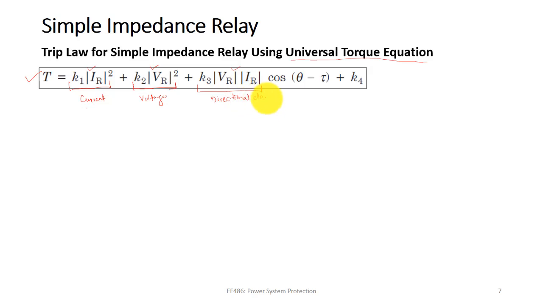Now K4 is because of the spring, that is the opposing torque. Therefore it is called the universal torque equation, because it contains all the possible components of torque development in a relay, right?